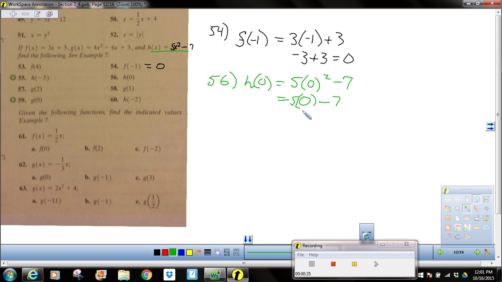We'll do it in 2 steps. 5 times 0 is 0, minus 7 is -7. So h of 0 equals -7.